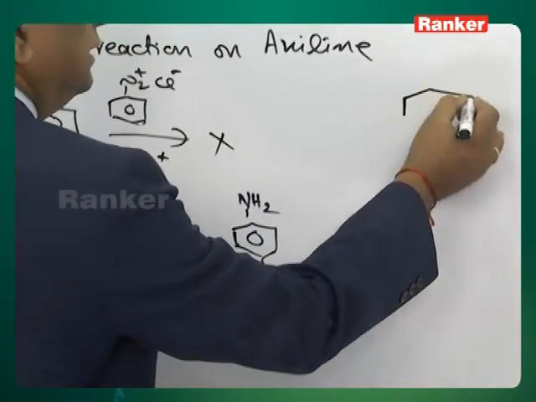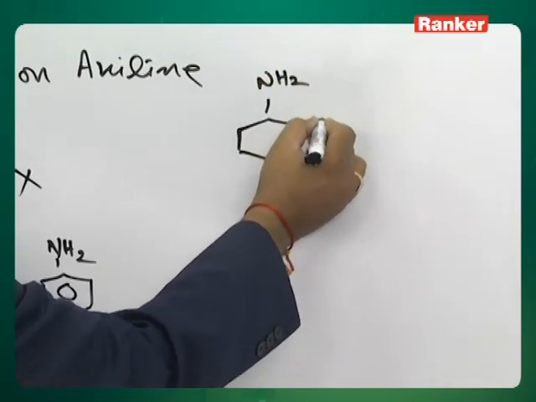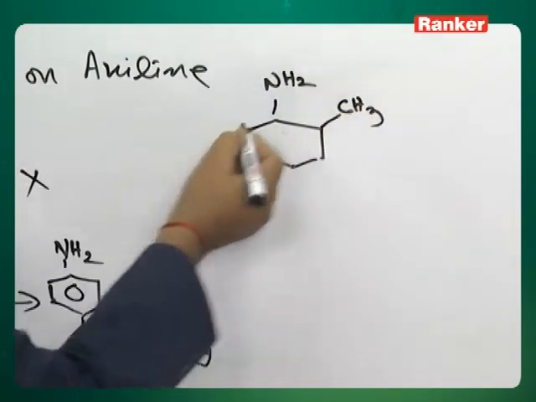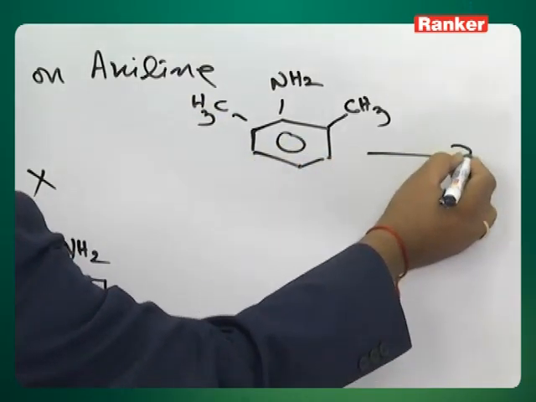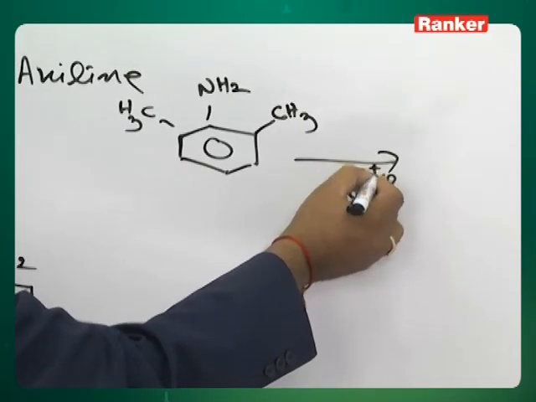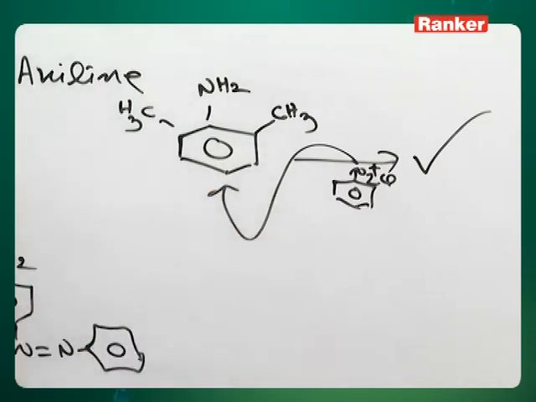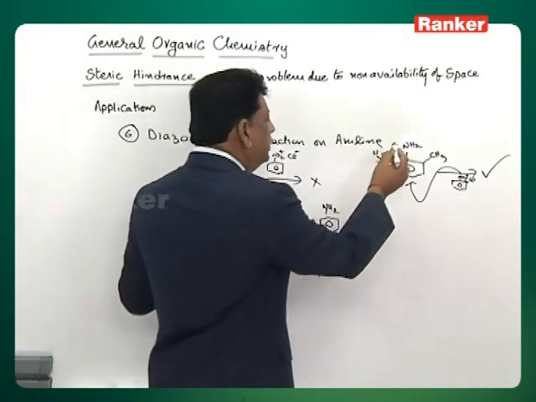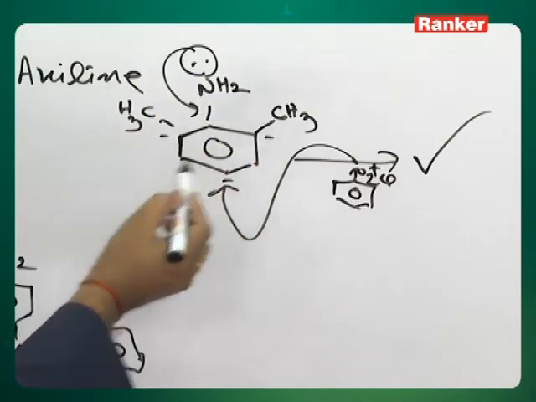Now see the extension of this reaction. An aniline containing two methyls on the ortho positions. These methyls also will not hinder the reaction when I add diazonium chloride, N2+ Cl-. Excellent reaction taking place. The electrophile will attack here. The lone pair on the nitrogen will still be activating ortho, ortho, para.